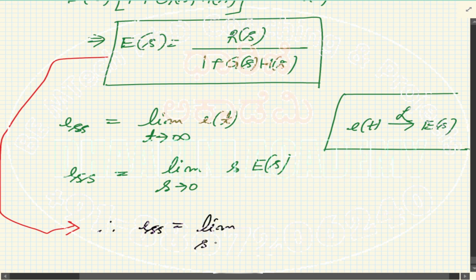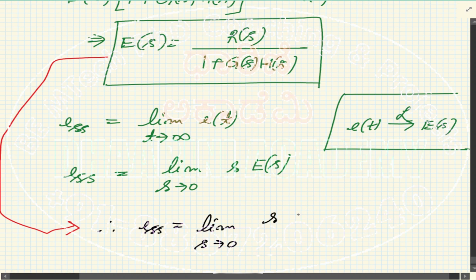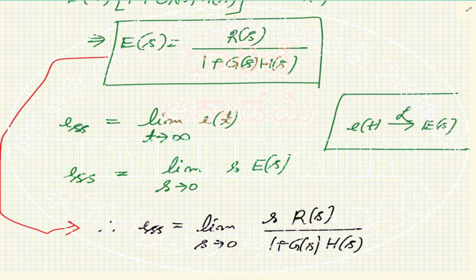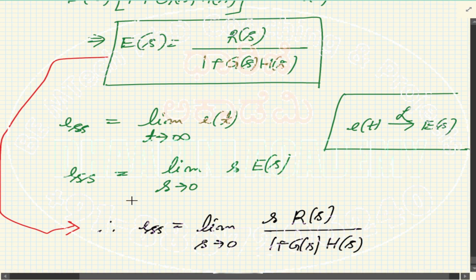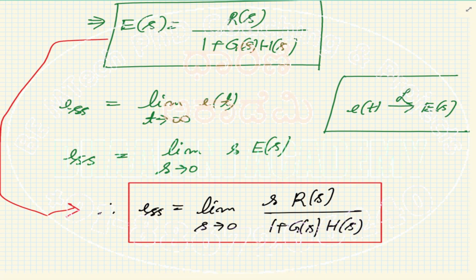Therefore limit s tending to 0, I have to multiply by s, so to the E of s, I should multiply by s. So s into E of s is simply R of s divided by 1 plus G of s into H of s. So the ultimate equation that we are going to remember to calculate the steady state error looks like this.